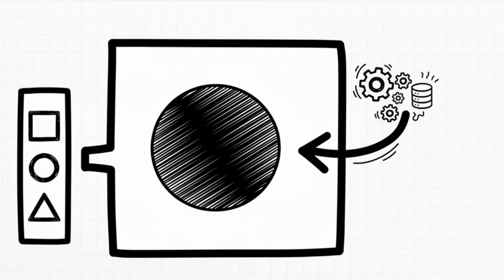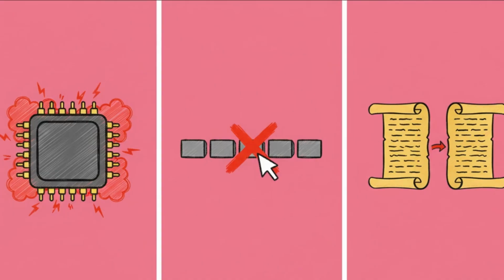Now, creating a brand new circle object could mean allocating memory, running some heavy constructor logic, maybe even hitting a database. And doing that again and again for every shape, that's a massive drain on your app's performance. And this whole from scratch approach, it leads to some real headaches.